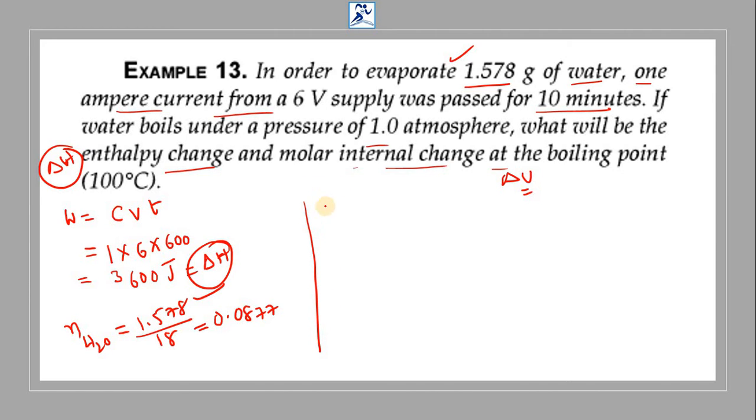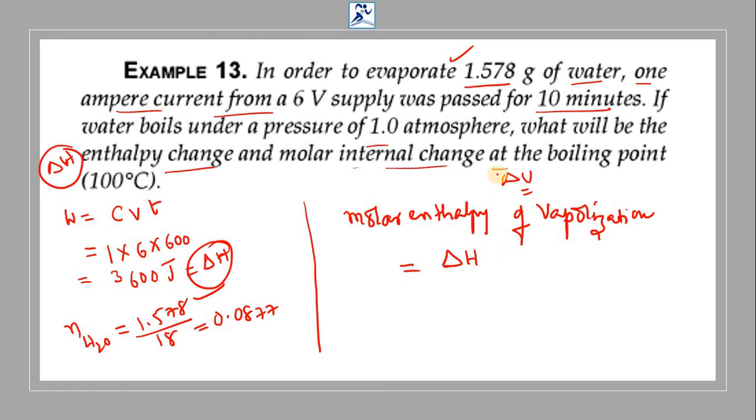From that, we can find the molar enthalpy of vaporization. The molar enthalpy of vaporization is nothing but the enthalpy value divided by the number of moles of water.